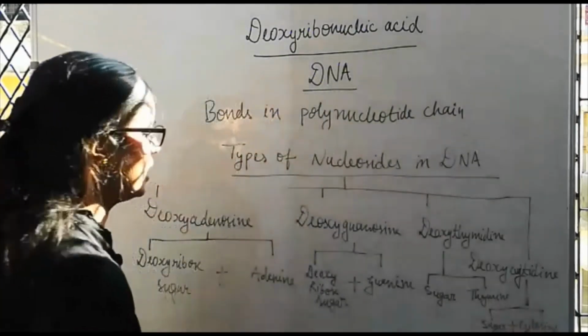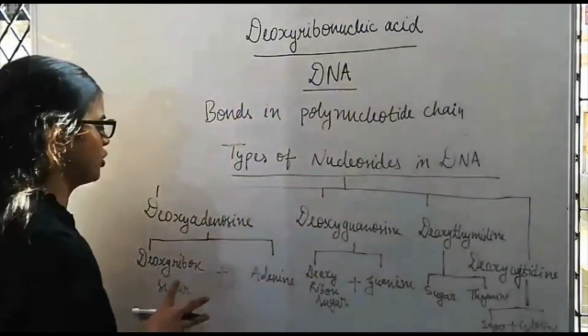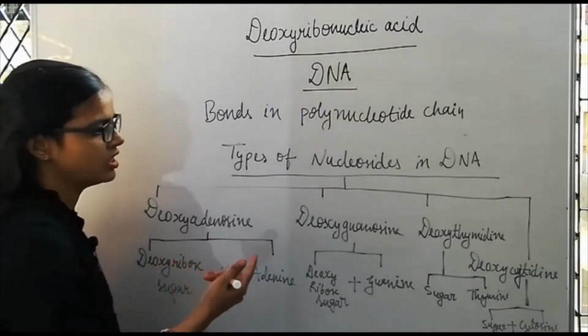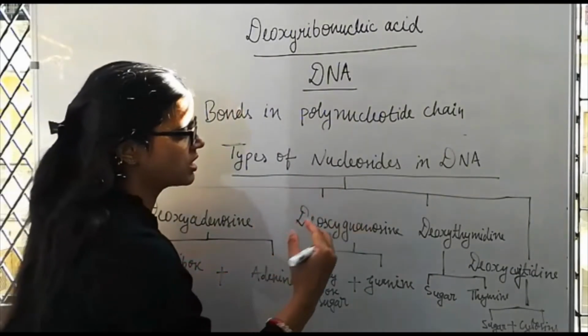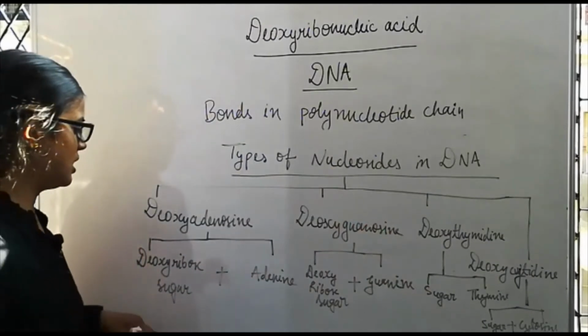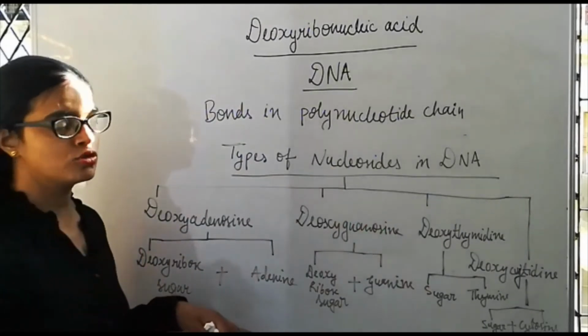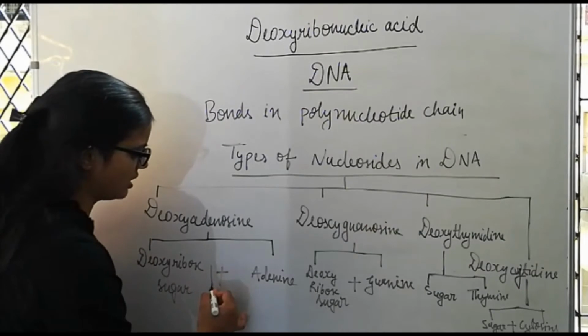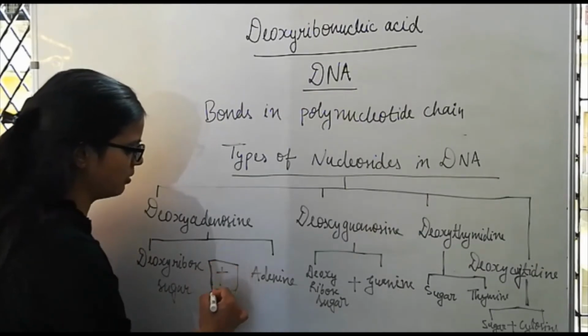So, in DNA there are four types of nucleosides: deoxyadenosine, deoxyguanosine, deoxythymidine, and deoxycytidine. Deoxyadenosine is made up of deoxyribose sugar plus adenine, and this bond is glycosidic bond.